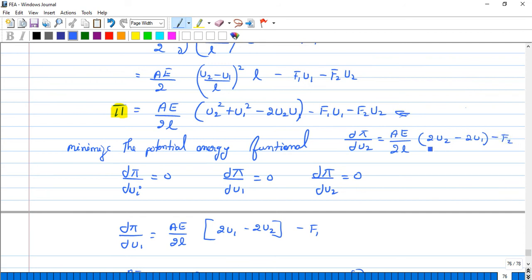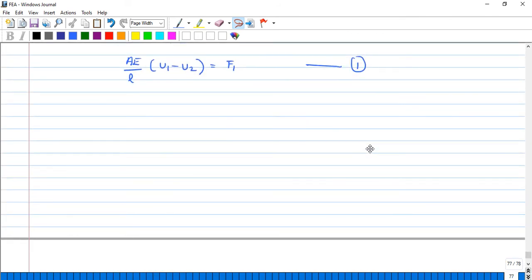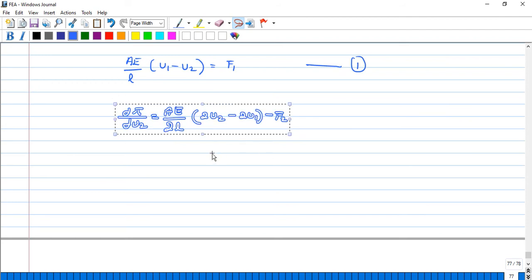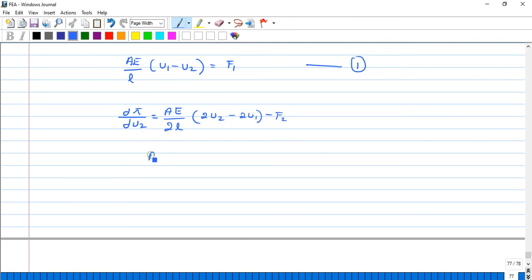So this will be the function. When I differentiate the potential energy functional with respect to u2 and equate to 0, then I obtain AE by L times u2 minus u1 is equal to f2.